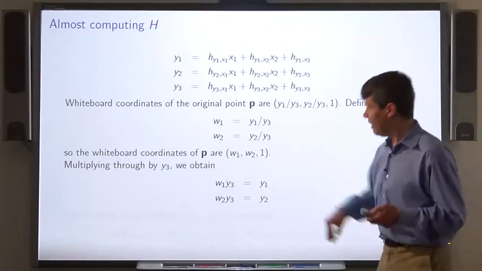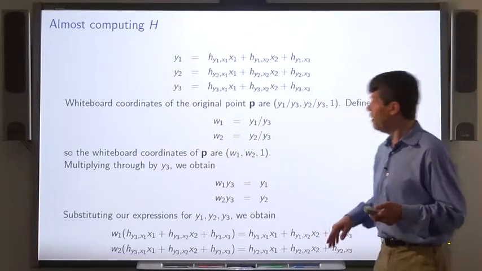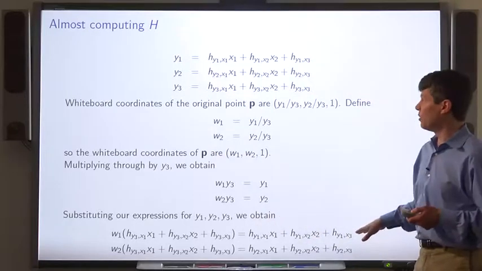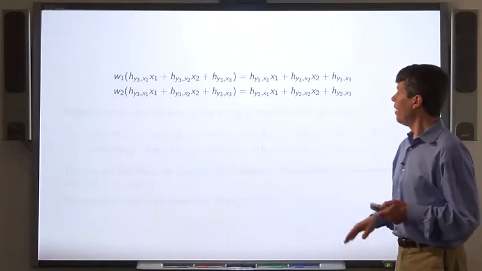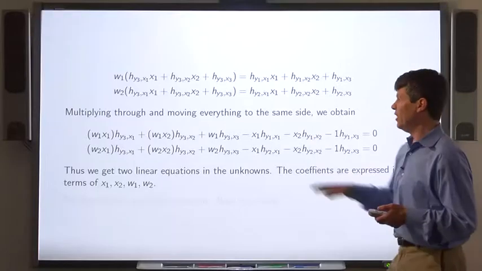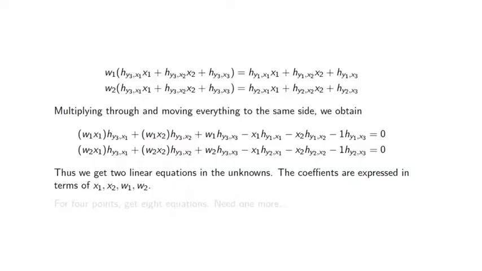Now we use these to substitute for y1 and y2 and y3 in these equations, and we get these equations. Now finally, multiplying through and moving things to the other side, we get these fairly complicated equations. The equations are equations in the unknown h entries, and the coefficients in these equations are known values.